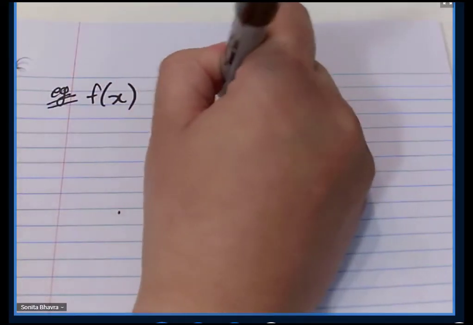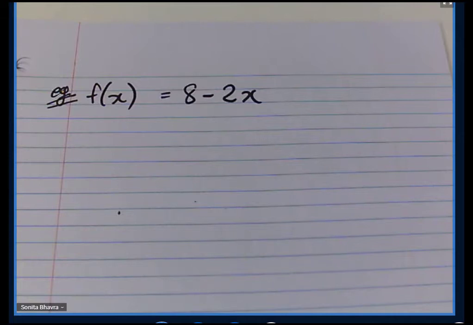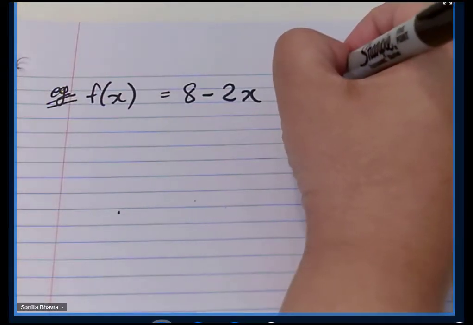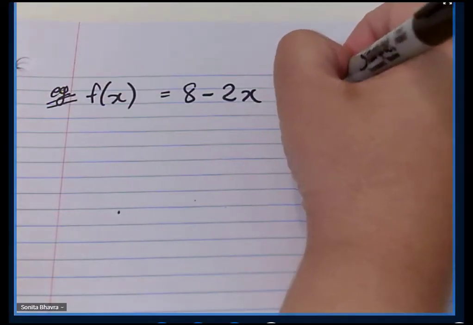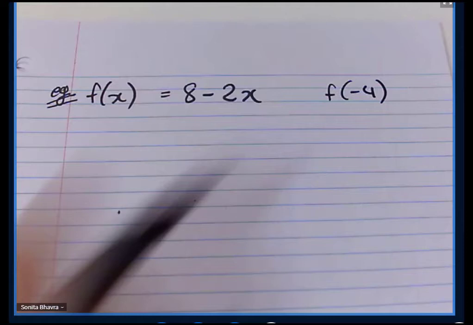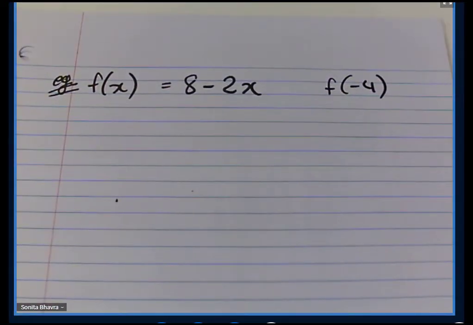Let's say we have a function f of x is equal to 8 minus 2x, and we need to evaluate f of negative 4. All right, so we're looking to calculate f of negative 4.